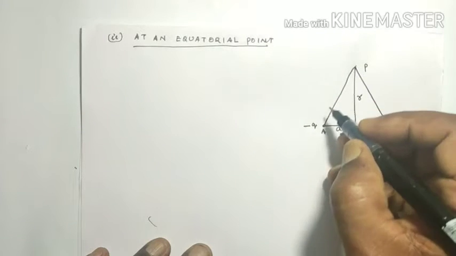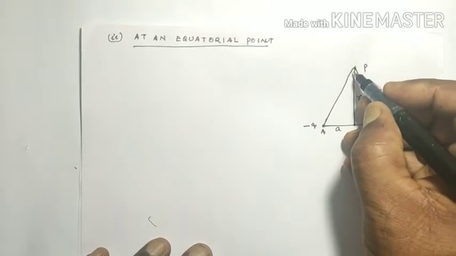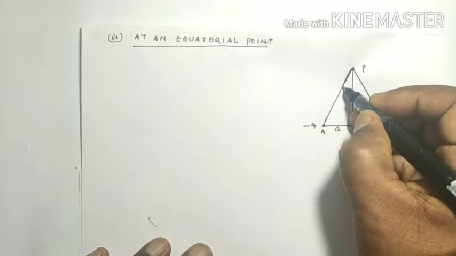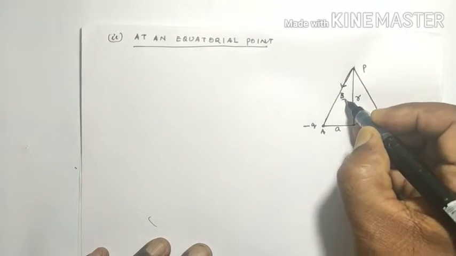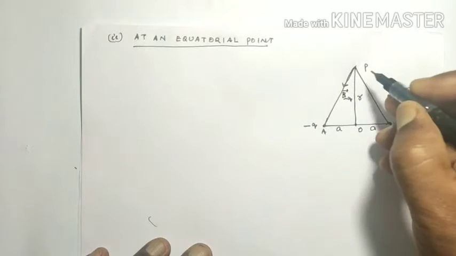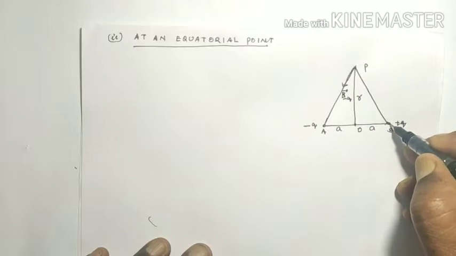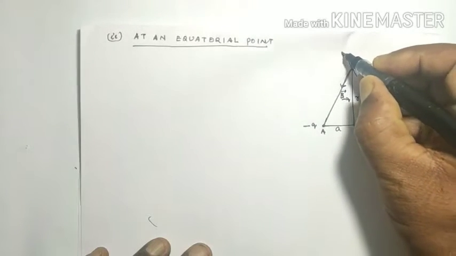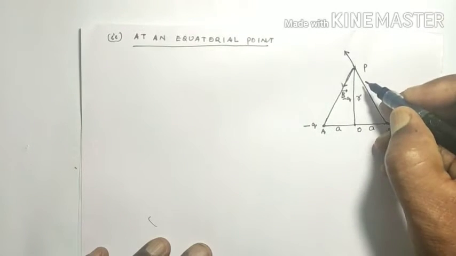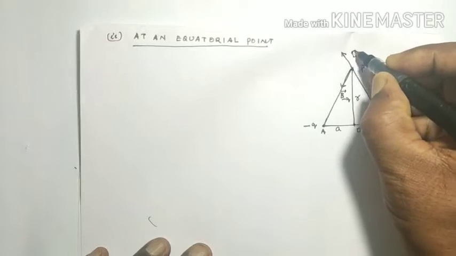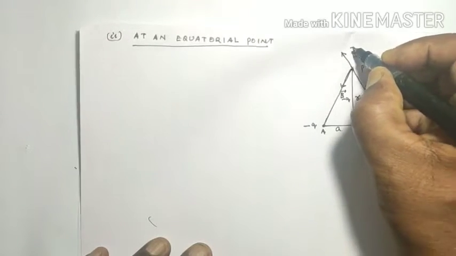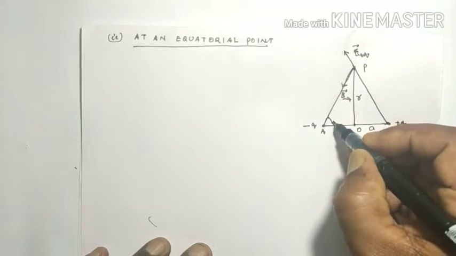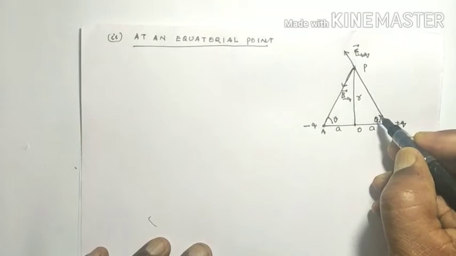Electric field at P due to charge minus Q is towards minus Q. This is E minus Q, and electric field at P due to charge plus Q is outward, along BP. This is E plus Q. This angle is theta, this is also theta.